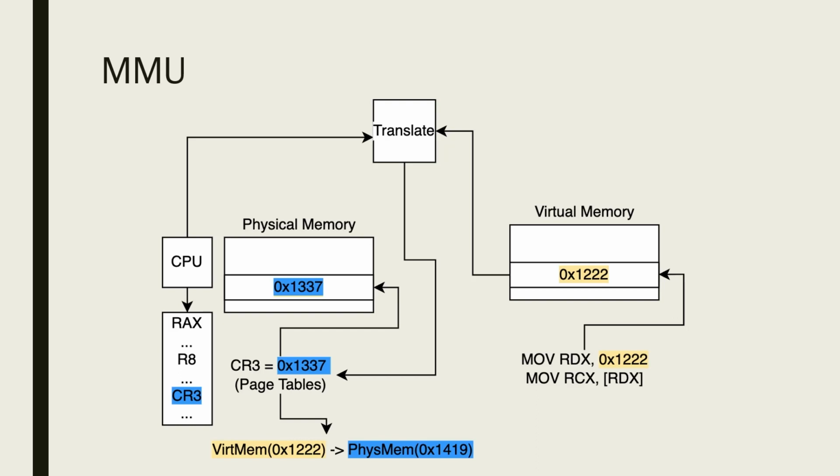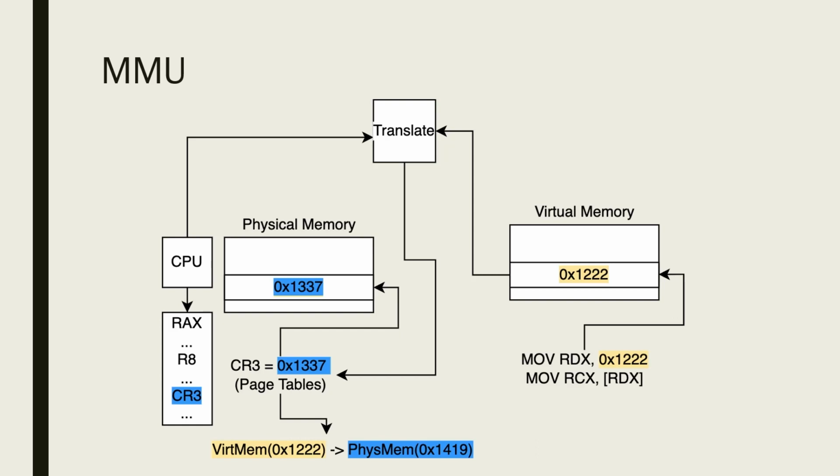Typically the system will boot up with no virtual memory at all. You'll just be interacting with the direct physical memory, and then the operating system or the bootloader will transition into virtual memory mode. And there's a few benefits to working in virtual memory mode.